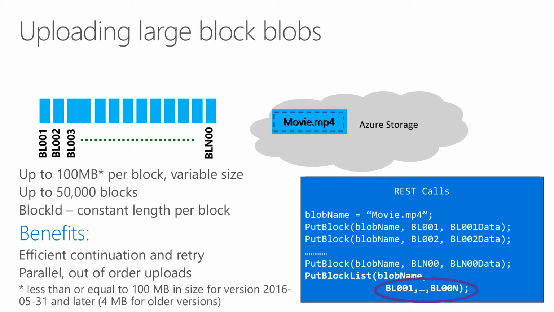This process allows us up to 100 megabytes per block, up to 50,000 blocks. And some of the benefits are efficient continuation and retry, and it allows us to upload chunks in parallel.